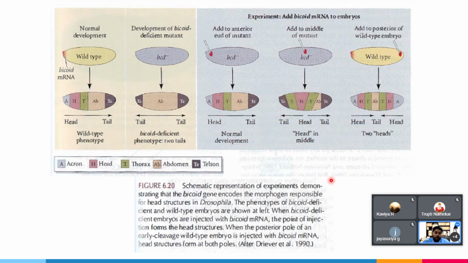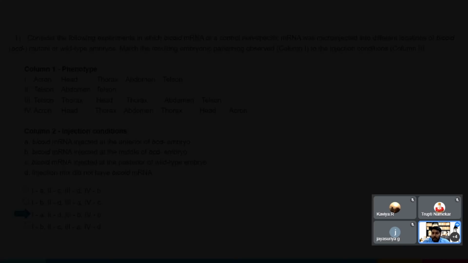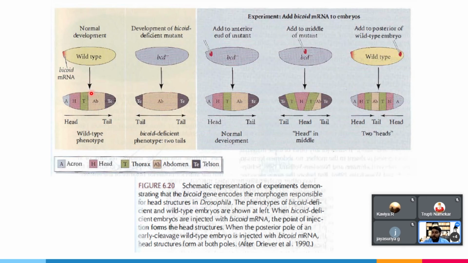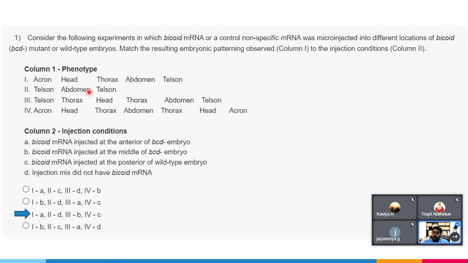Okay, so our entire question was essentially this experiment. We have four options. First is acron, head, thorax, abdomen, tails. That is exactly the wild type. So we can say that the injection mix did not have any bicoid mRNA, because that is the case. That is only when the normal structures will develop.